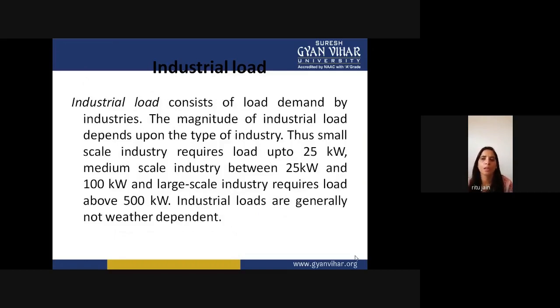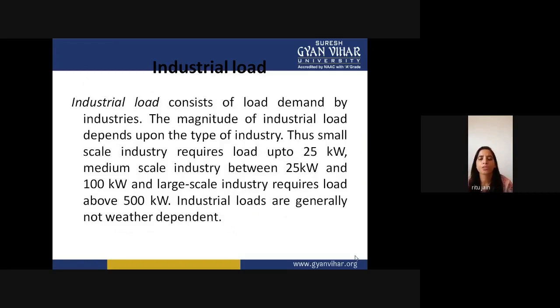A small scale industry requires 25 kilowatt load. A medium scale industry requires more than 25 kilowatt and up to 100 kilowatt. And a large scale industry requires load above 500 kilowatt.